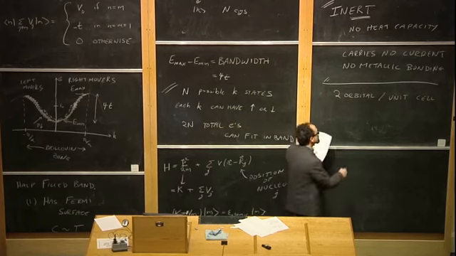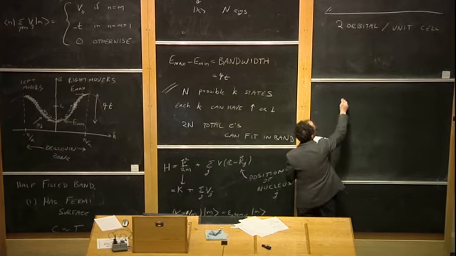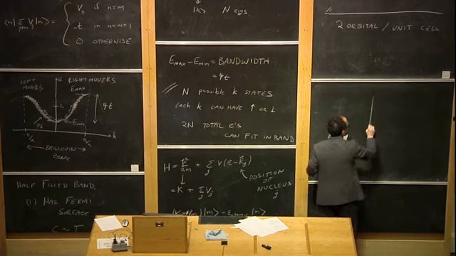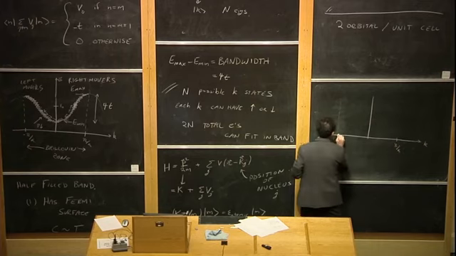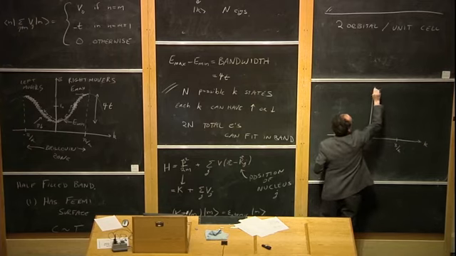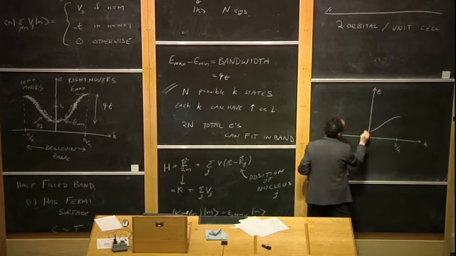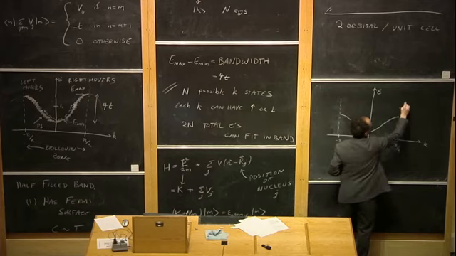So without actually solving this problem in detail, I can show you what the spectrum looks like, what the dispersion looks like. It's very similar to the case of the vibrational chain. So here's k, here's pi over a, here's minus pi over a, here's E. And you get a low energy band analogous to the acoustic mode that we got in the vibrational chain.